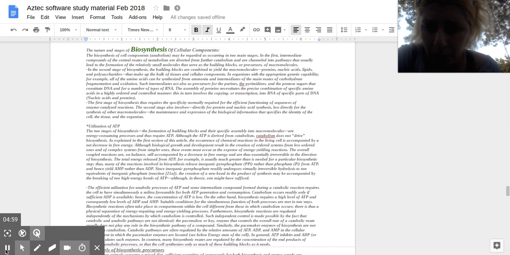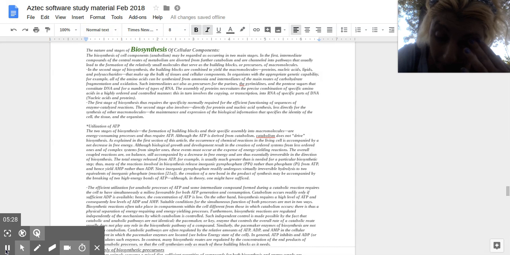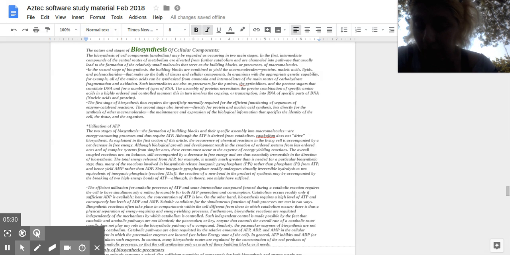The assembly of proteins necessitates the precise combination of specific amino acids in a highly ordered and controlled manner. This in turn involves the copying or transcription into RNA of specific parts of DNA. So nucleic acids and proteins, from the nucleic acids, proteins are made.